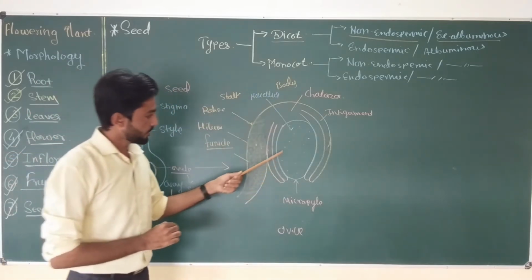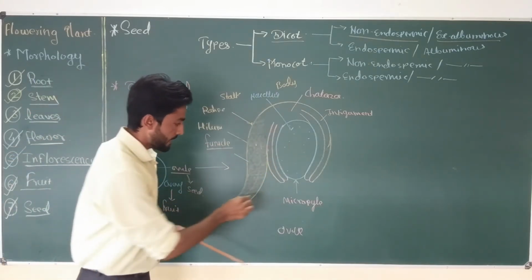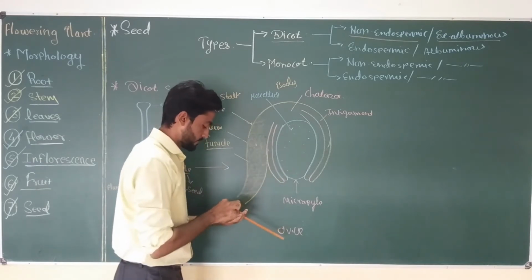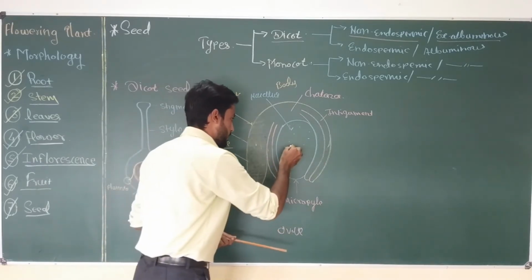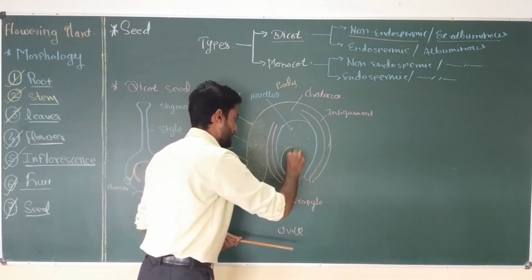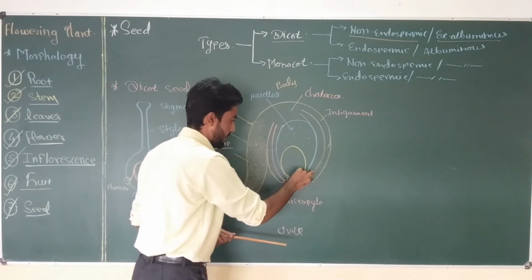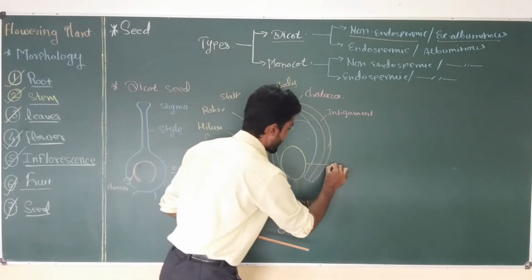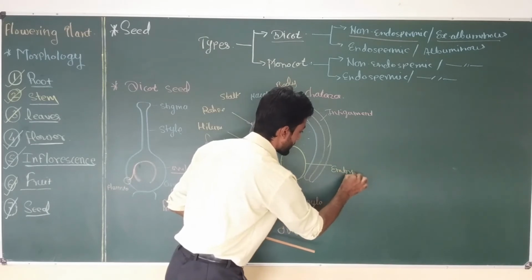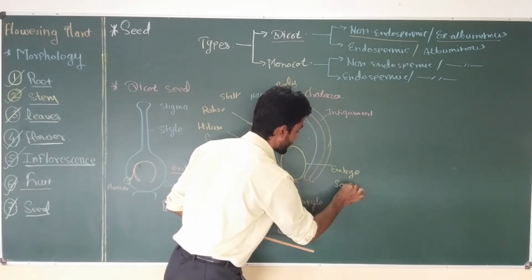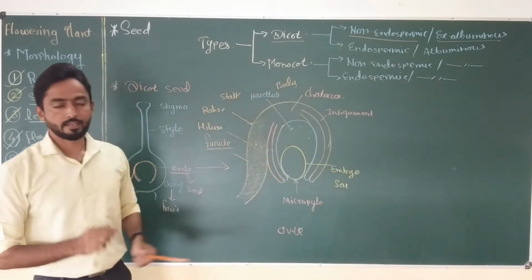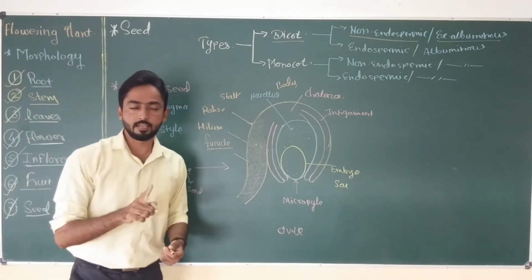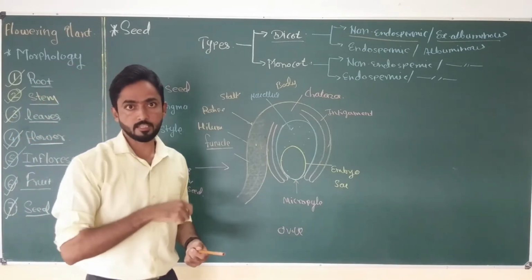Now inside the nucellus, at the micropylar end, a special sac-like structure is present. It is called the embryo sac. This embryo sac shows a 7-cell, 8-nucleus structure inside it.